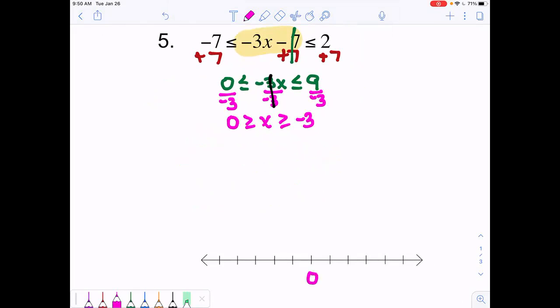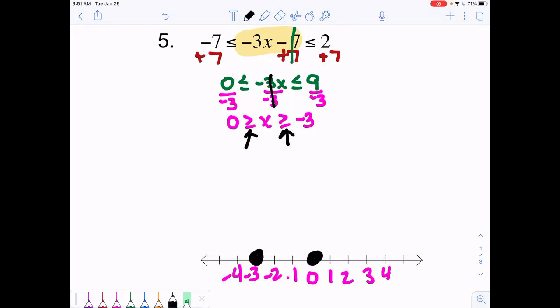I'm placing a 0, 1, 2, 3, 4, negative 1, negative 2, negative 3, negative 4. My 2 numbers that go in the number line, one of them is 0. The other one is negative 3. They are closed circles because it says equal to.